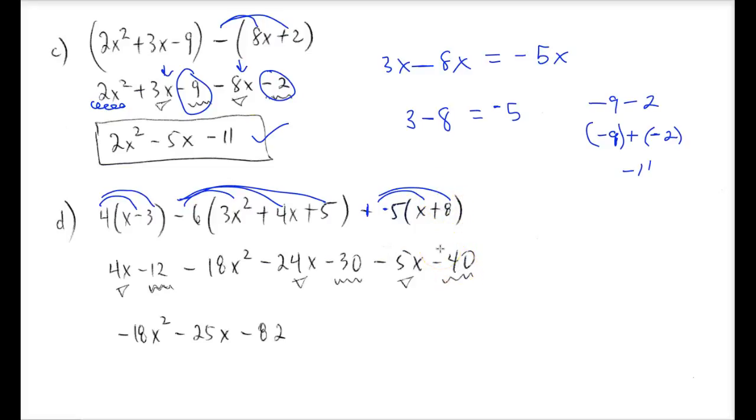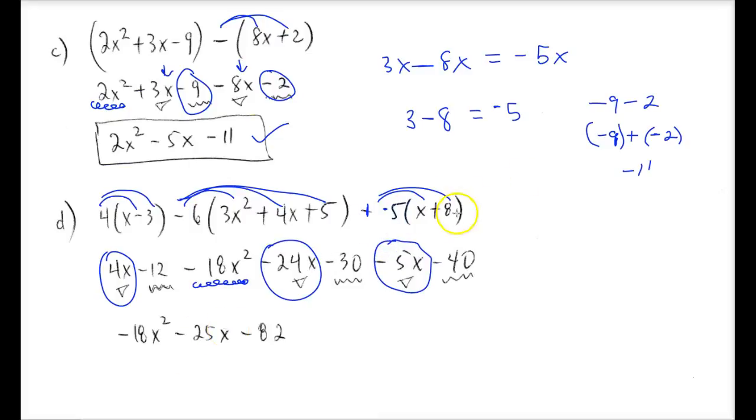And then from there, we combine like terms. So we see here that the -18x squared is all by itself, but we have 4x, -24x, and -5x that all need to be combined together.